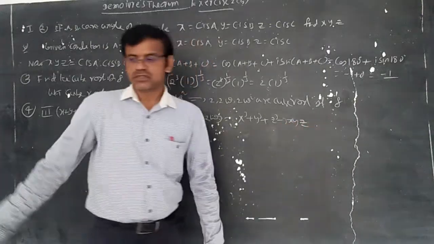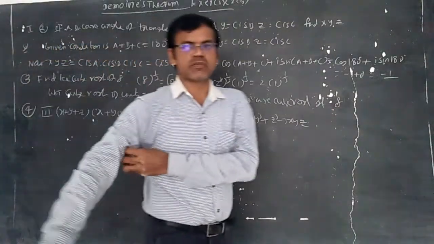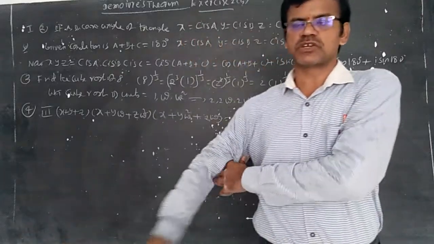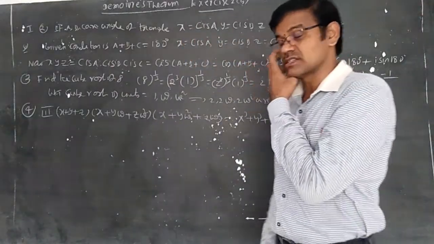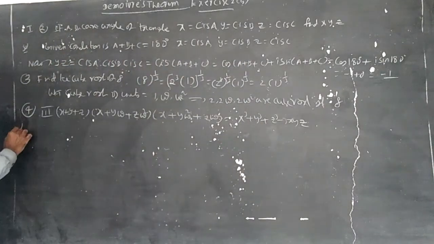This is the formula, depending on the theory of equations. The formula is a plus b plus c into a square plus b square plus c square minus ab minus bc minus ca is equal to a cube plus b cube plus c cube minus 3abc. Like that we should get. Take the LHS here.